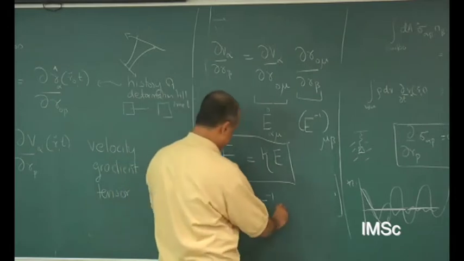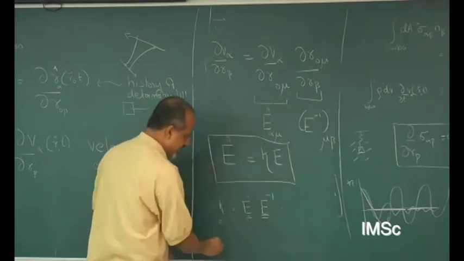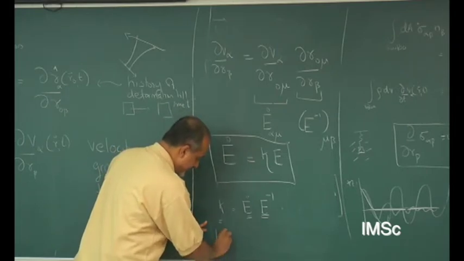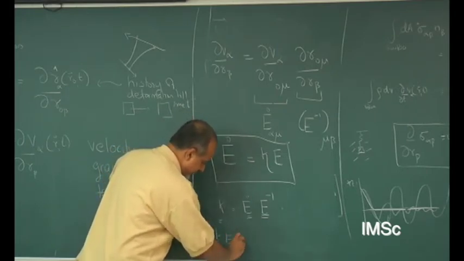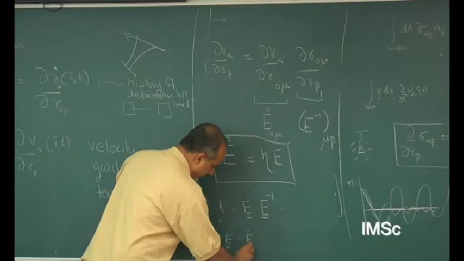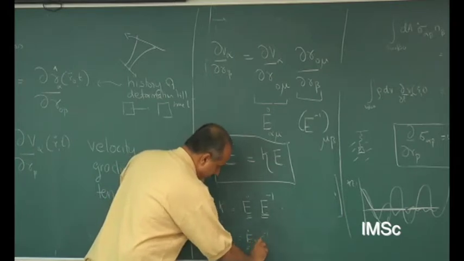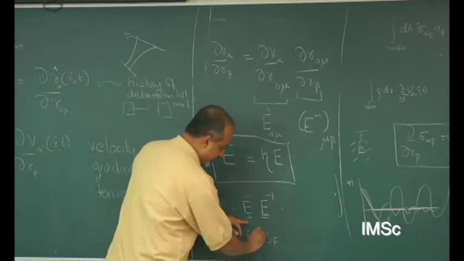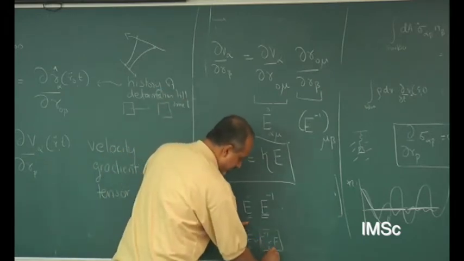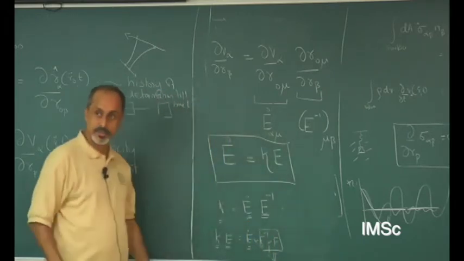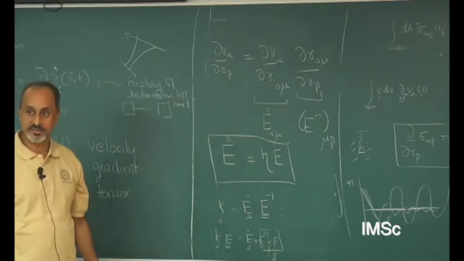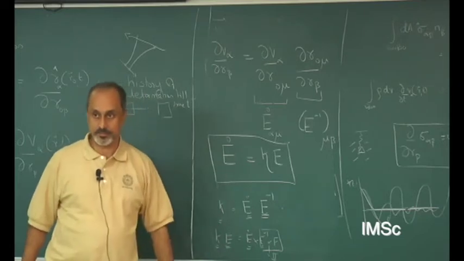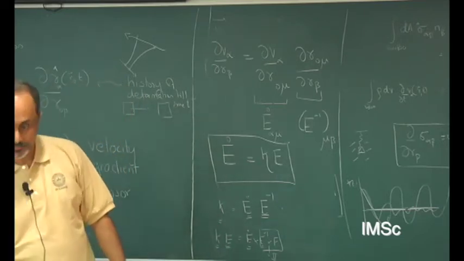So I can multiply these matrices by E on the right hand side. So kappa matrix times E matrix is E dot matrix times E inverse matrix times E. But this quantity gives me the identity matrix, because the inverse times the matrix is just 1. Therefore, E dot is kappa times E. Okay.